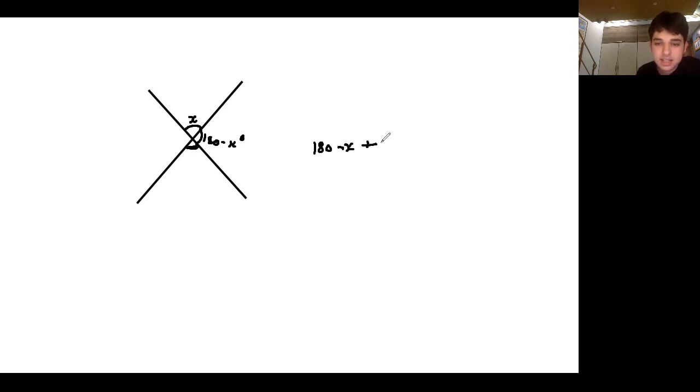plus this particular angle here, let's take it as, let's say, y, would be equal to 180, right? And so therefore, y is equal to 180 minus 180 plus x, simply transposing all these values, this would become 0 and this would become x. So y is equal to x.